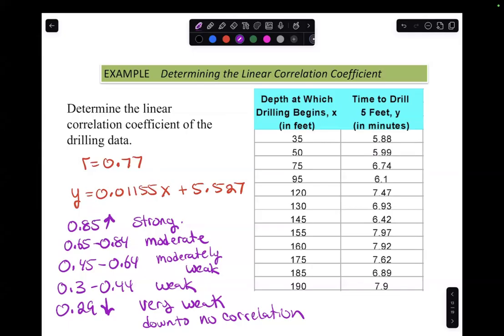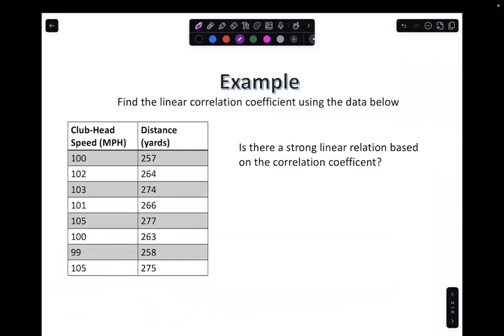We're good? Do you want me to leave this for a second so you can write it down? Okay. All right. So I would like you to put in these, the club head speed. I'm going to use my handheld calculator. I would like you to put these in your L1 and your L2, and find the correlation coefficient.